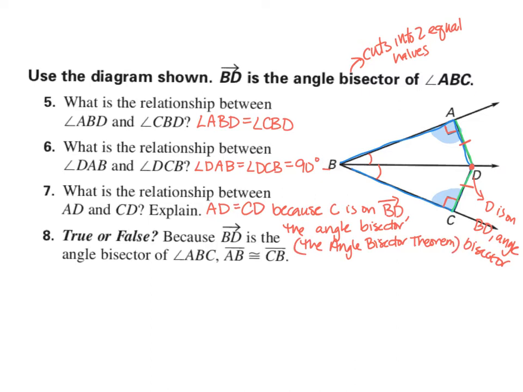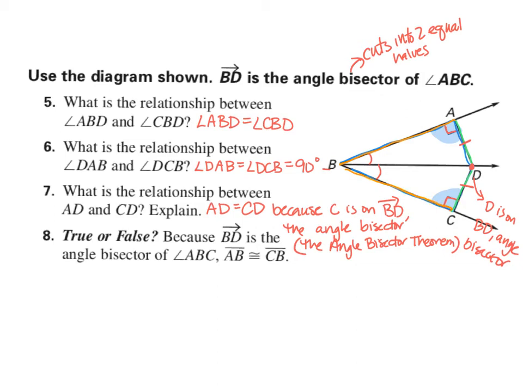Question 8, true or false? Because segment BD is the angle bisector of angle ABC, segment AB, this segment here, is congruent to segment CB, this segment here.